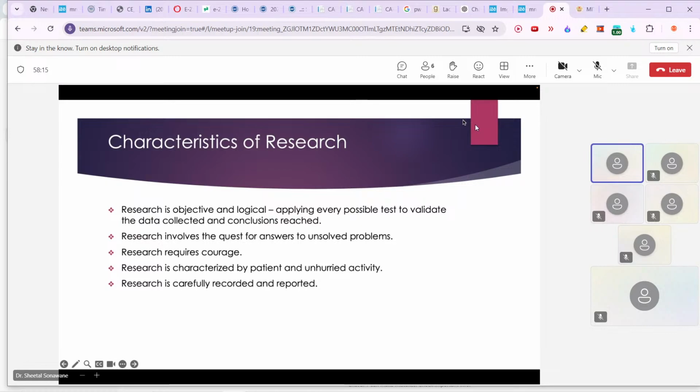Research is carefully recorded and reported. This is also a very important step. At each and every step, you have to write down your observation, record your observation. Otherwise, you will miss out any point which is important for the next step, right? Reporting is very important, and that's why this method is used in different industries as well as in colleges.